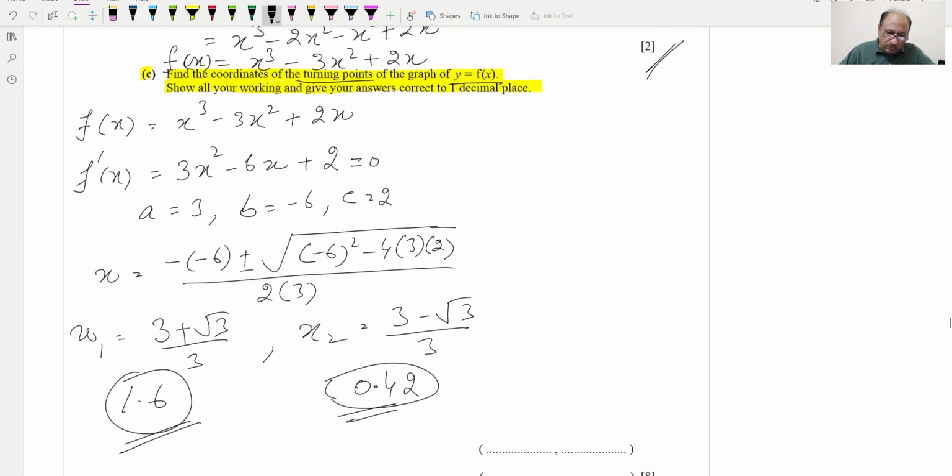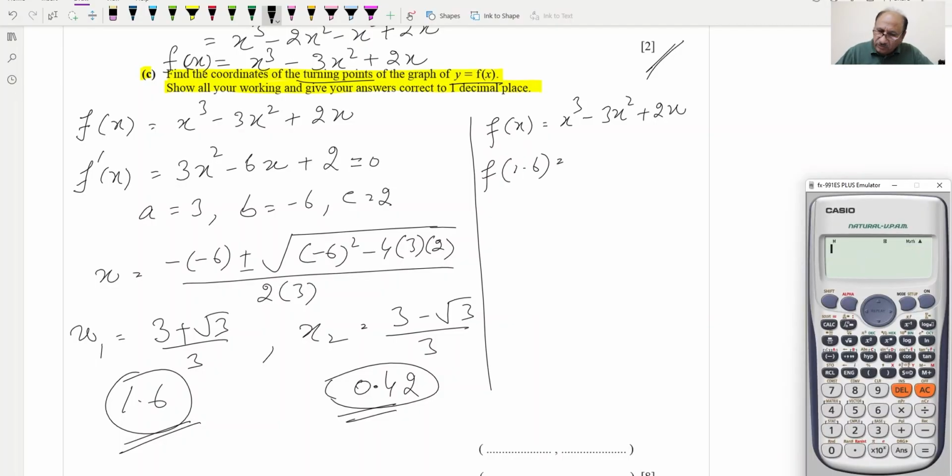Now we can find the y values, and we know f of x is equal to x cubed minus 3x squared plus 2x, and f of 1.6 we can check. For that, we can type the equation, x cubed minus 3 x squared plus 2 x.